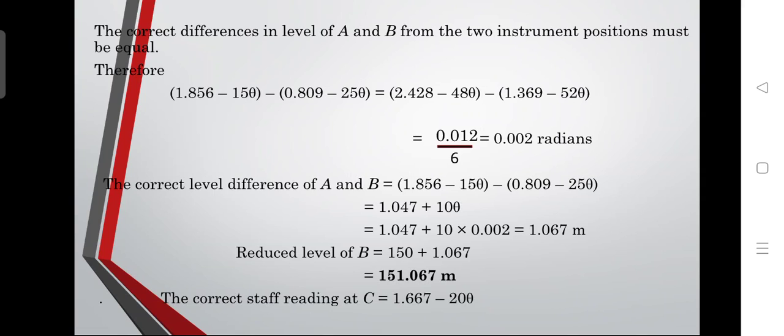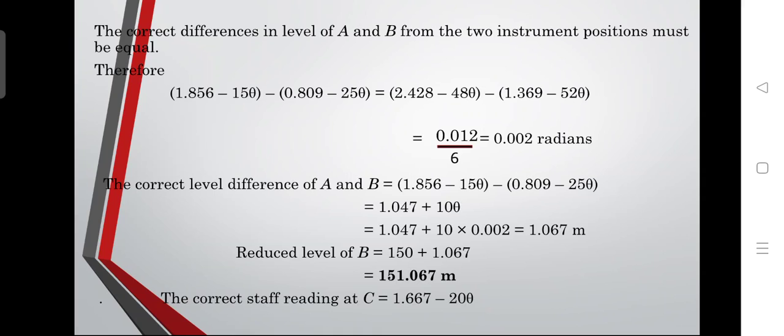From here theta comes out to be 0.002 radian.